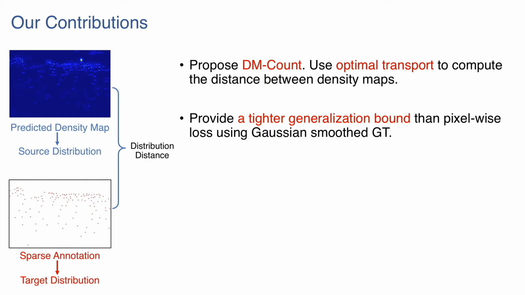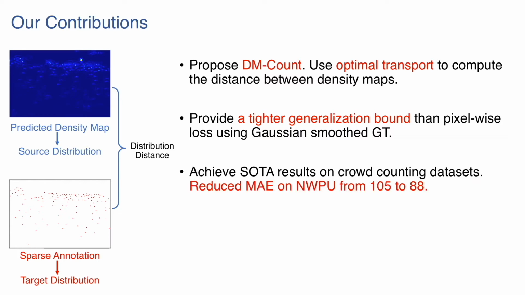We present the generalization error bound of our method. The bound is tighter than that of the pixel-wise loss using Gaussian smoothed ground truth. We show state-of-the-art results on crowd counting datasets. Notably, we reduced the mean absolute error on the NWPU dataset from 105 to 88.